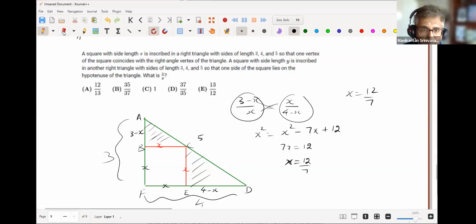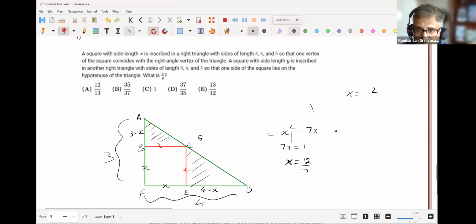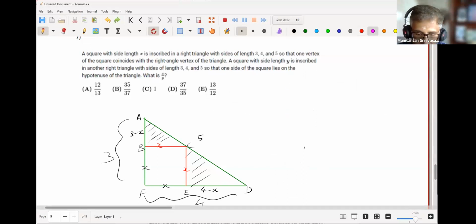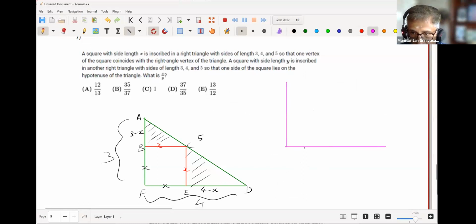Similarly, guys, can you do y? So I'll draw a picture for y as well. Again, multiple ways to do this. Most of them are based on similarity only.